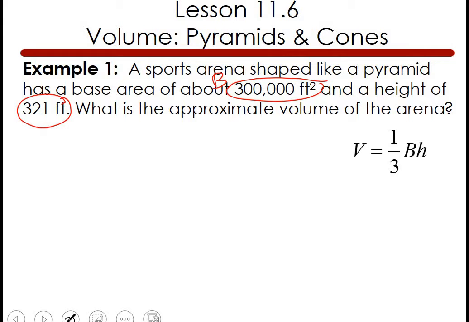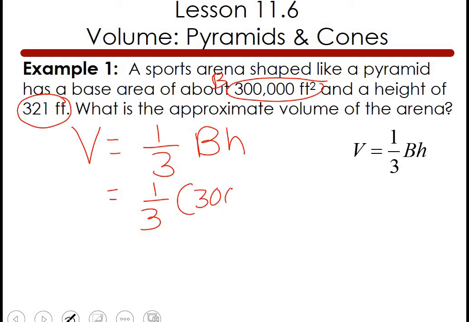We know the volume of a pyramid is 1/3 base times height. So it is 1/3, they gave us the base, the base is 300,000, and the height is 321.